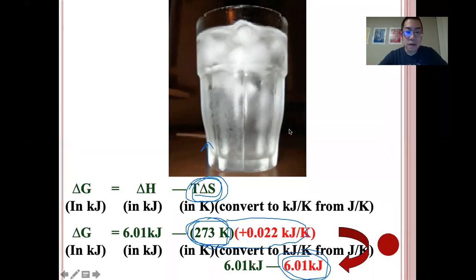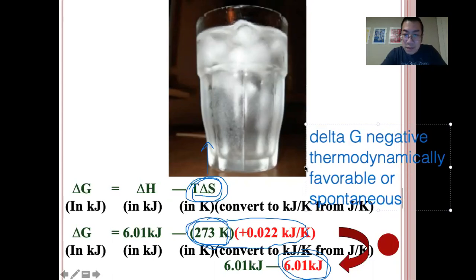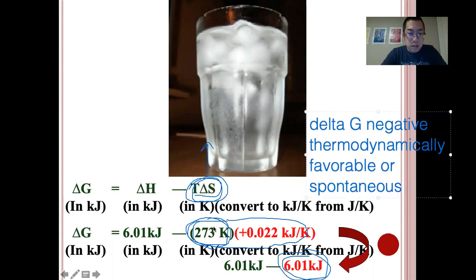And if we have a negative number, then that means that the reaction would be thermodynamically favorable or spontaneous. So that would happen if we increase the temperature, and it should make sense. Greater than 0 degrees Celsius, what's going to happen to ice when we leave it on the table? Well, it's, quote unquote, warm enough, or at a high enough temperature, where the ice cube will start to melt.